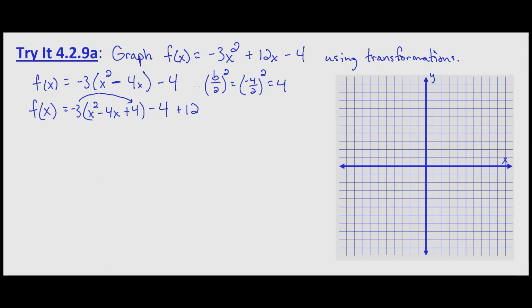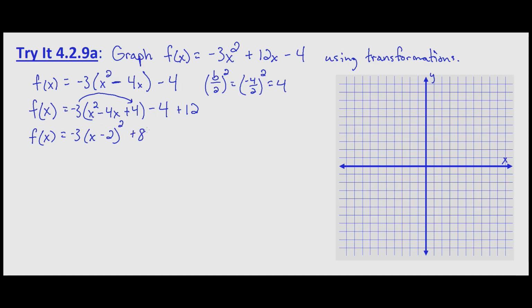Now we've completed the square, so we simplify it further to that squared binomial. So it's going to be f of x equals negative 3 times x minus 2 squared, and then negative 4 plus 12 is 8.